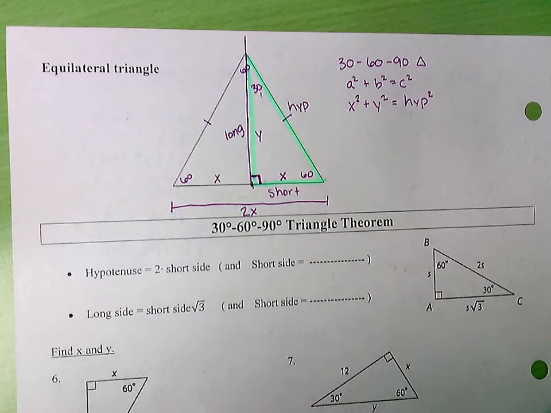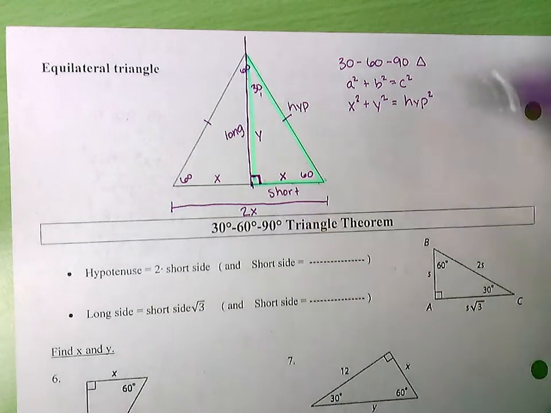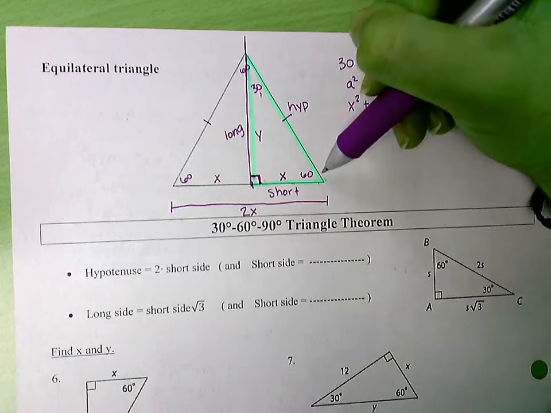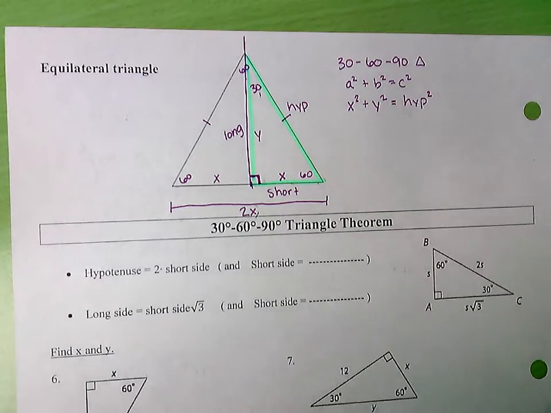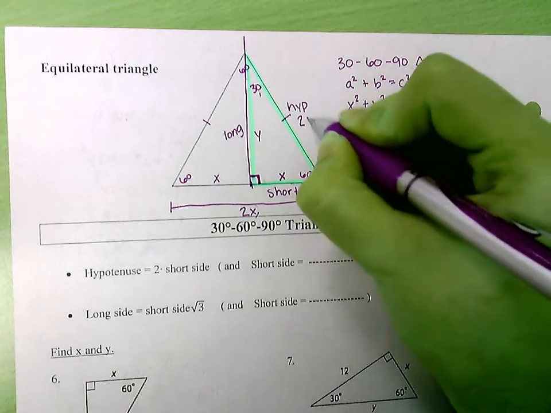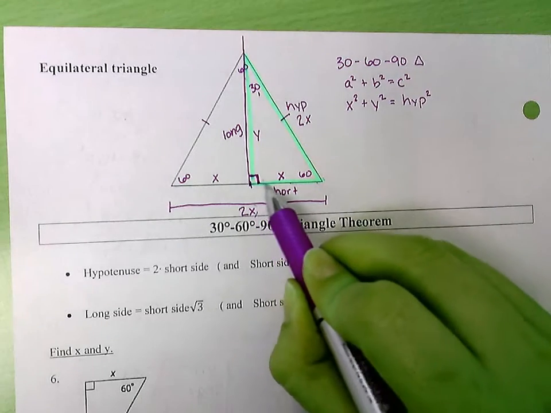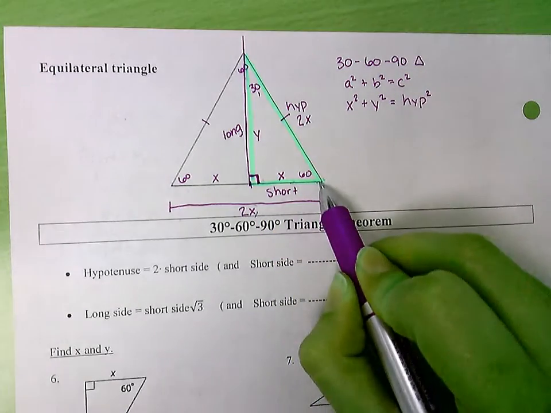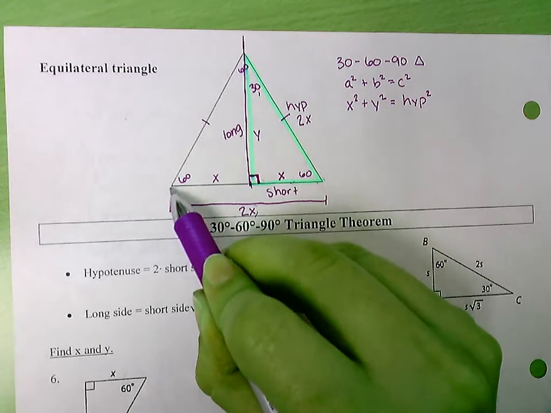Now, we were working with an equilateral triangle. So, isn't this side equal to the hypotenuse? Yeah. And I just labeled that as 2x. So your hypotenuse can also be labeled as 2x. You see where I got that from? No? So this right here was x. So this right here has to be x because I split it in half.